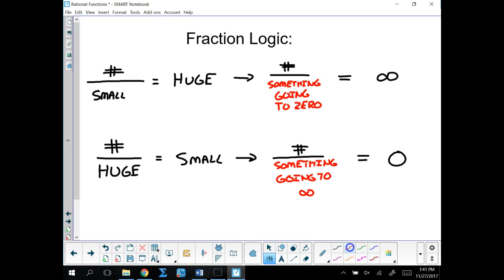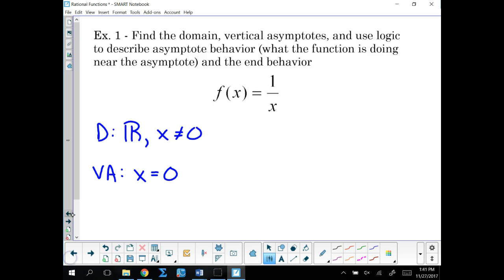Will it ever actually get there? No, but it's going to get closer and closer and closer to that 0. Okay? Agree with me on fractional logic. Okay? So now, let's go back in here and let's talk about end behavior.